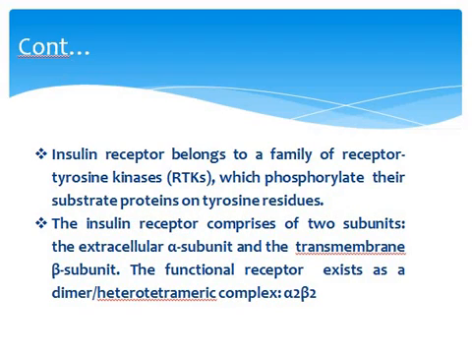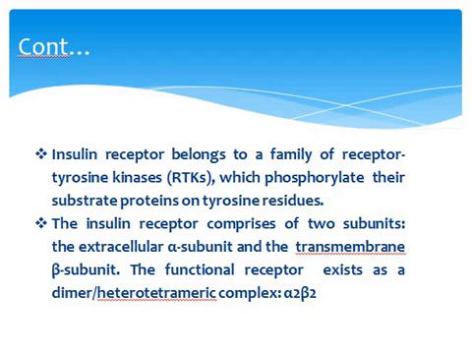Insulin receptor belongs to a family of receptor tyrosine kinases, which phosphorylate their substrate proteins on tyrosine residues. The insulin receptor comprises two subunits, the extracellular alpha subunit and the transmembrane beta subunit.